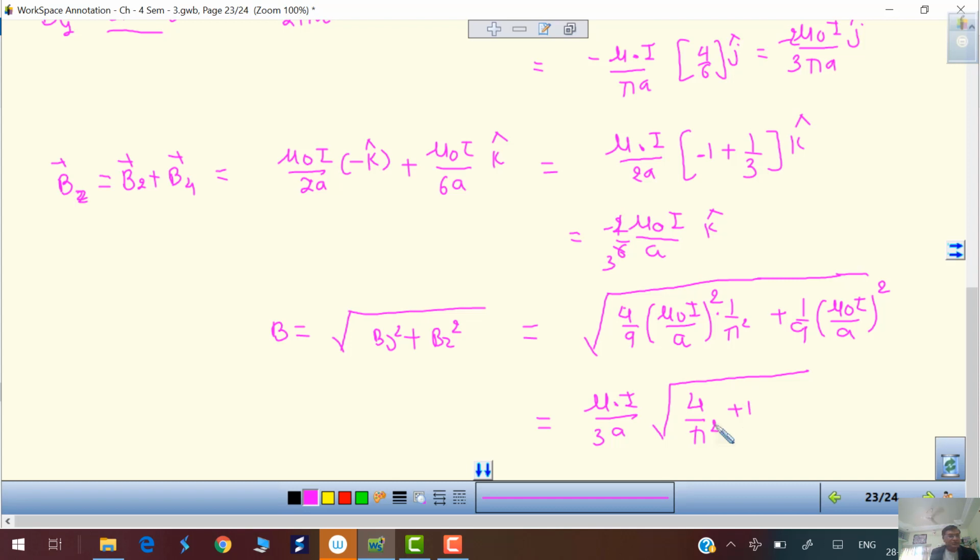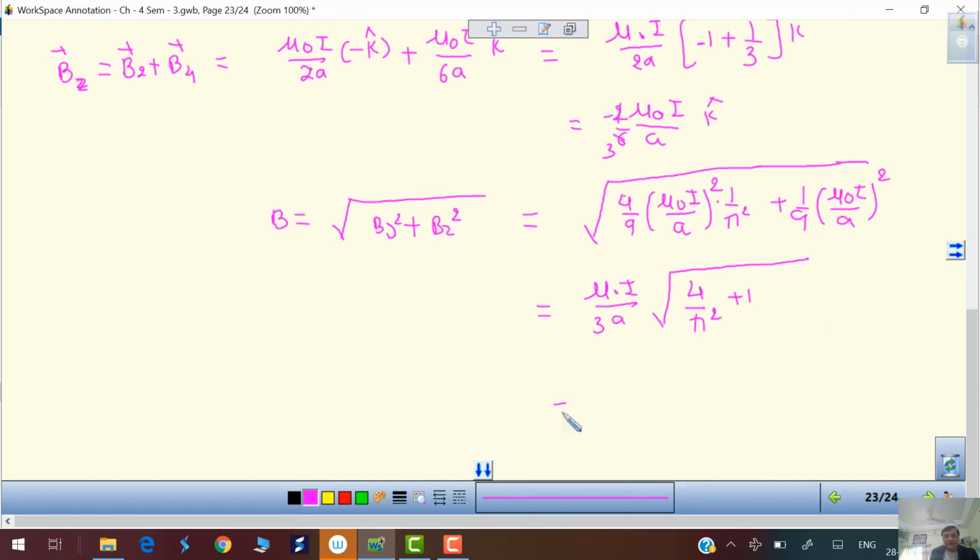Four plus pi square, you can again take the LCM, so we get μ0 I upon 3, I take pi square common, so it is pi root of.